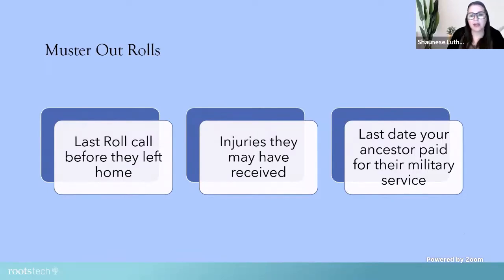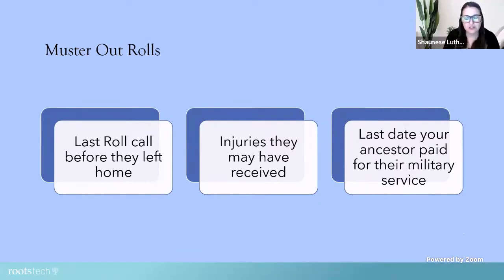So I have an ancestor who served in the Civil War and he actually got an injury in his right eye. In his muster out roll, it stated he has an injury in his right eye, and it also states that in his pension record.